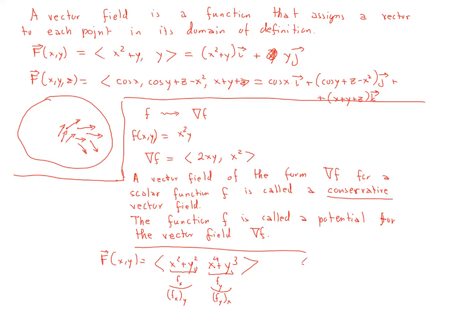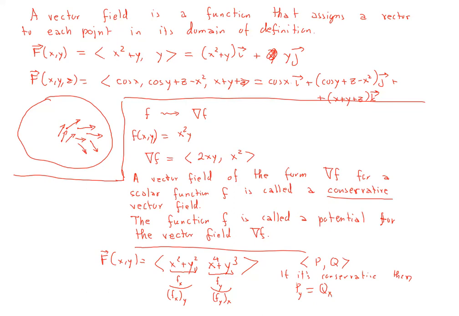So if somebody gives you a vector field P comma Q, to put it in a more general way, then if it's conservative, P sub y should be equal to Q sub x. That's a very restrictive condition, which in general is not going to hold.